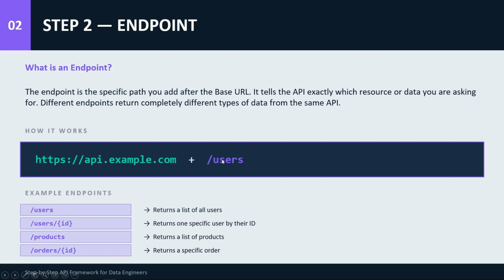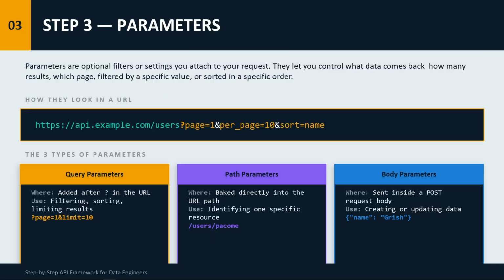The endpoints depend on how the API is built or documented. You can go to the documentation of the API and make sure to read it and understand what the endpoints are for your API. That's why it is very important to read the documentation before starting to work with the API. For our example, we're going to be taking the GitHub REST API, and we're going to be exploring it, hitting it, and creating our token and everything at the end of this video.